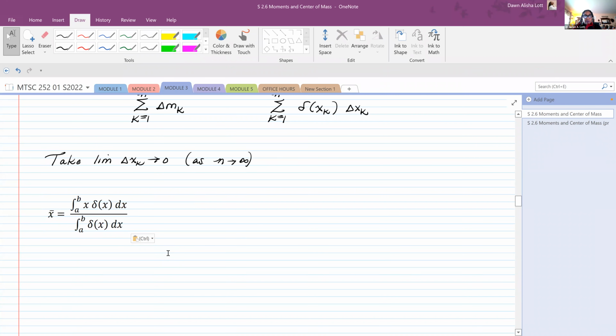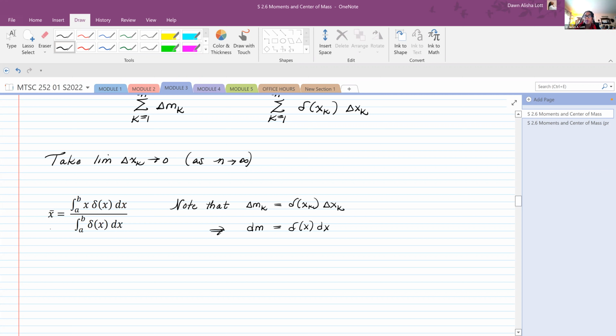All right, so here you just have to note that my delta mk equals my density at xk times the length delta xk. And so that, when you do a limit, gives you a differential dm. So this becomes delta at x dx.